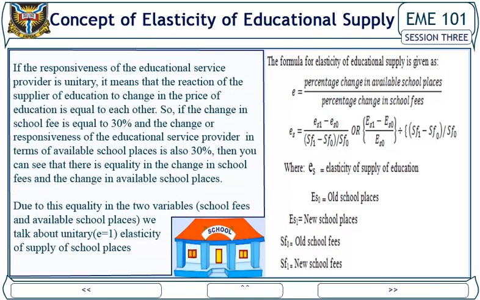If the responsiveness of the educational service provider is unitary, it means that the reaction of the supplier of education equals the change in fees. So if the change in school fees is equal to 30% and the change or responsiveness of the educational service provider in terms of available school places is also 30%, then you can see that there is equality in the change in school fees and the change in available school places.